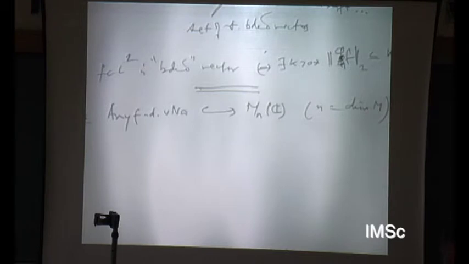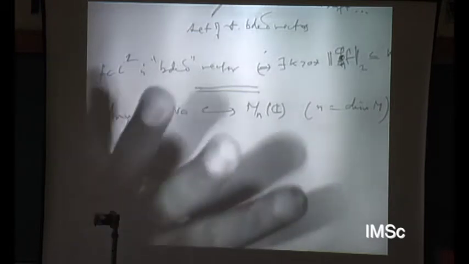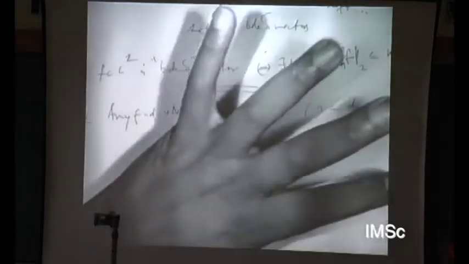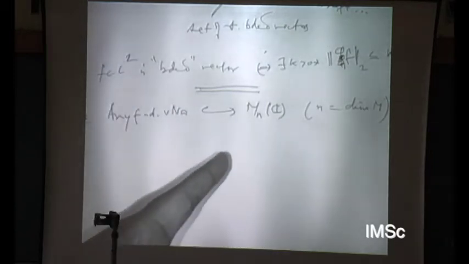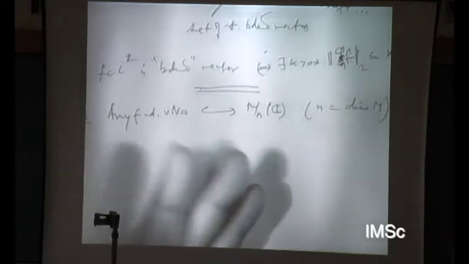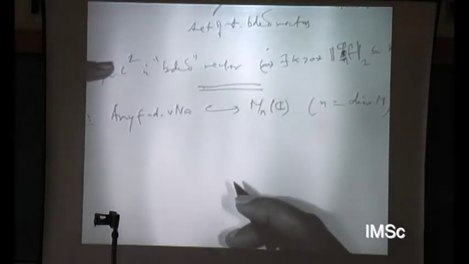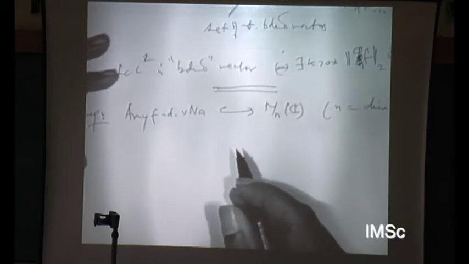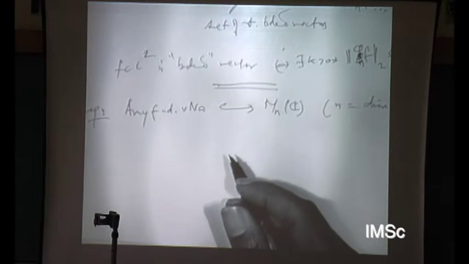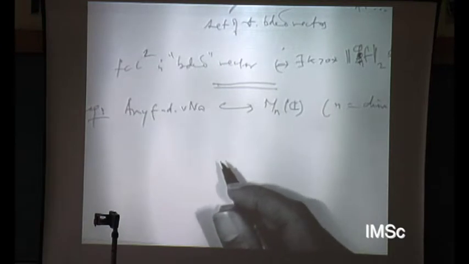You're taking M hat and you're taking the left action of M on itself. Why is it faithful? Because M has an identity, and that is the star representation.